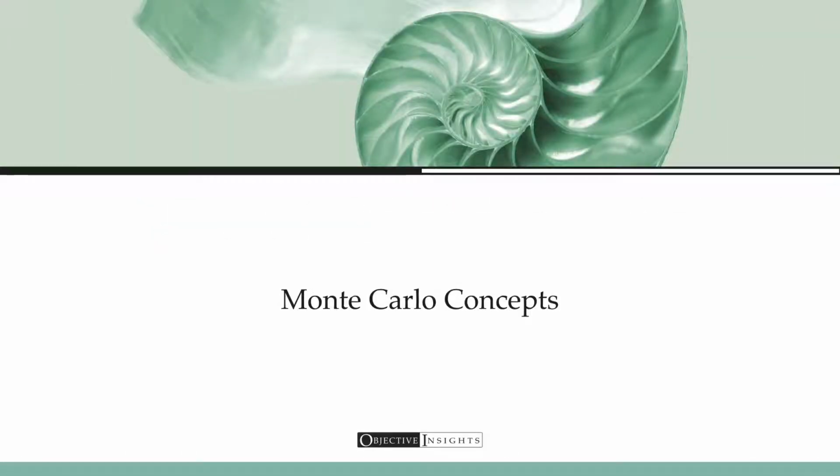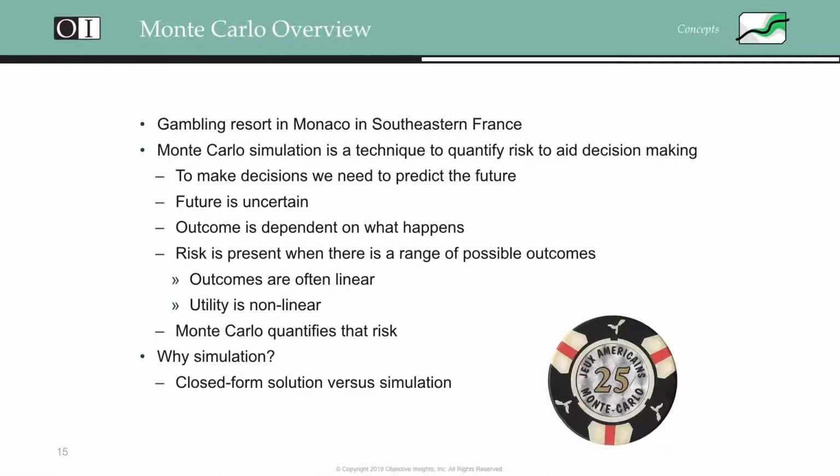Let's describe Monte Carlo in more detail. As is pretty obvious, it's named after a gambling resort in Monaco in southeastern France, and it's a technique to quantify risk to aid decision making. To make decisions, we need to predict the future in some way, but the future is uncertain. So what we need is a technique to help us quantify that risk.